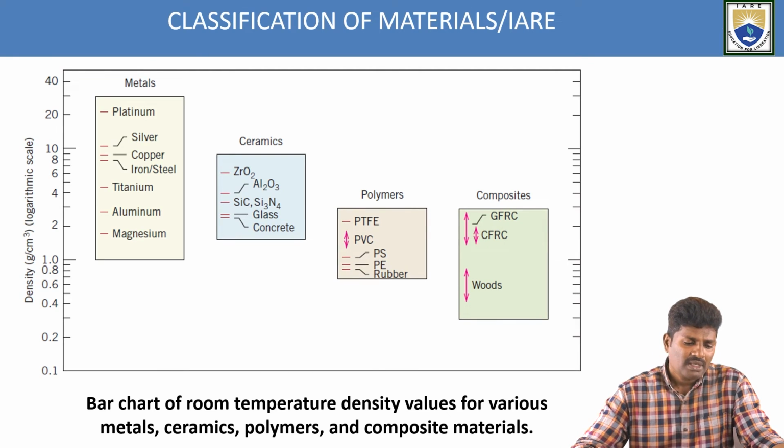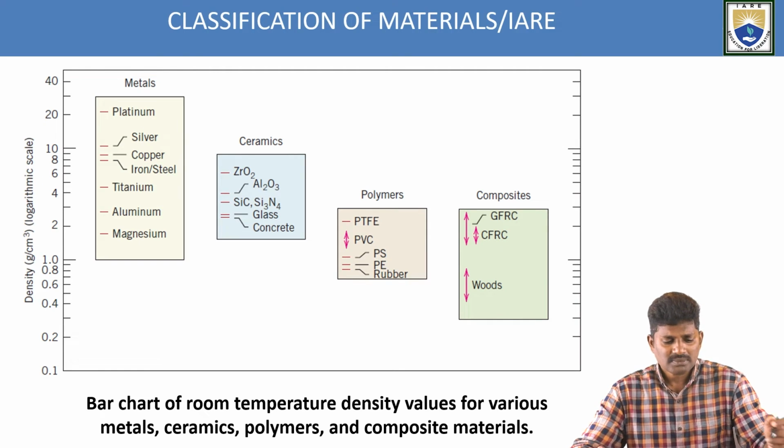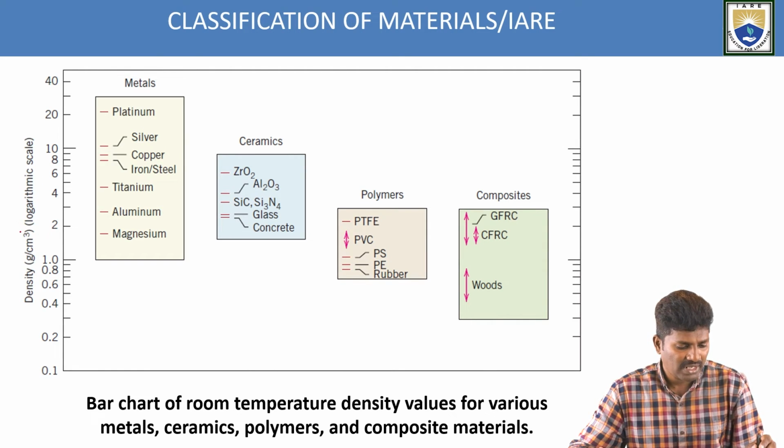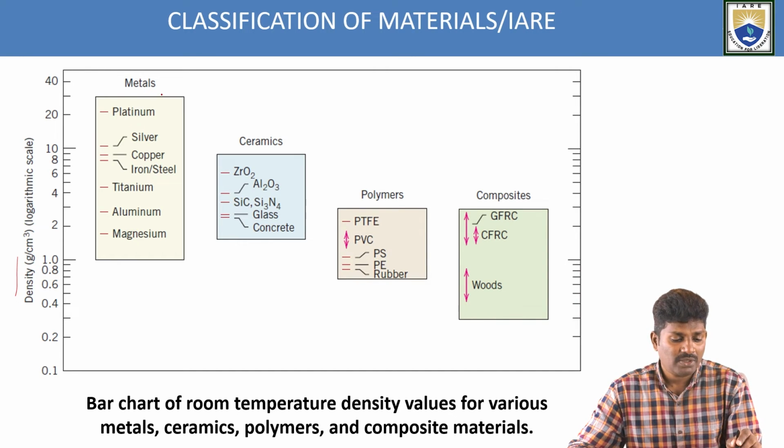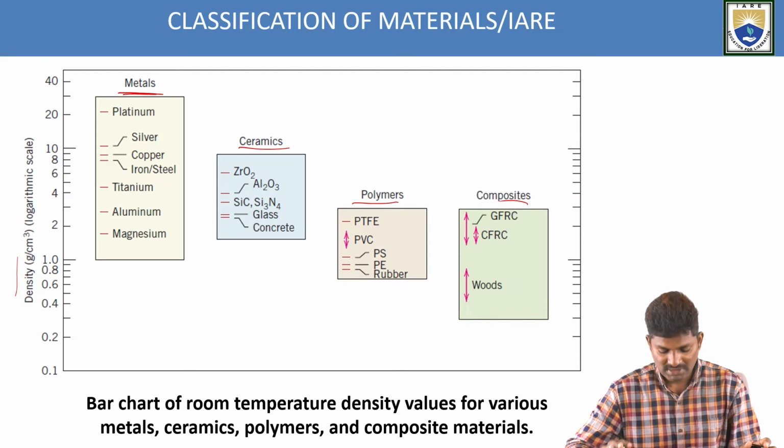And if you see the different types of materials' density in the bar chart, the density is on the right side, in grams per centimeter cube. Metals have very good density when you compare with ceramics, polymers and composites. So metals will have higher density when compared with the ceramics, polymers and composites.